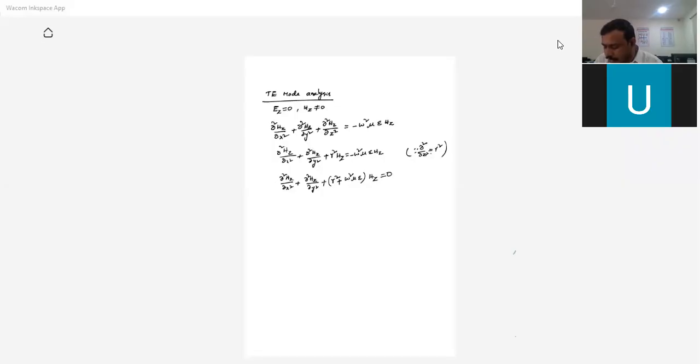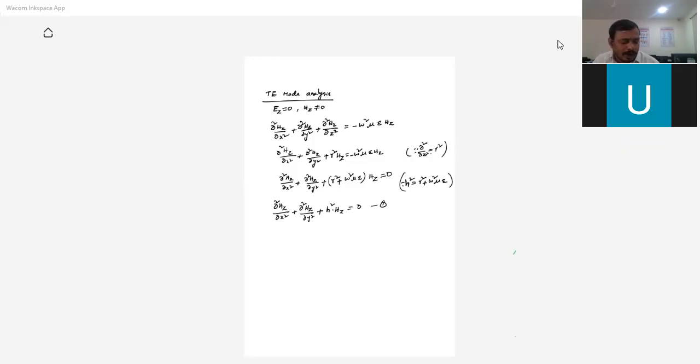We already know h square is equal to gamma square plus omega square mu epsilon. So the equation becomes del square Hz by del x square plus del square Hz by del y square plus h square into Hz is equal to 0. This is our main equation, you can write equation number 1.